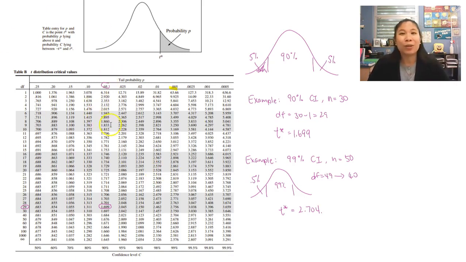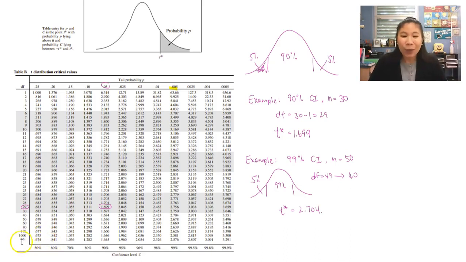One other thing I want to point out about this table that I think is very helpful is if you look down at the very bottom where the degrees of freedom says infinity, like what the heck, infinity? So degrees of freedom, when it equals infinity, it's just basically saying this is the normal curve, because the normal curve is like the perfect one where your sample size is the largest possible.